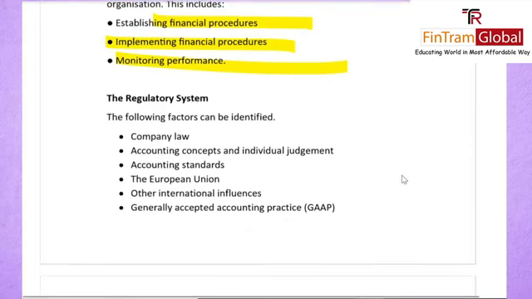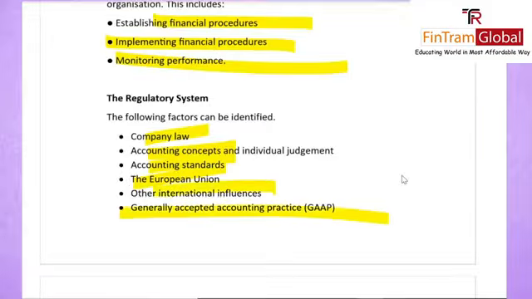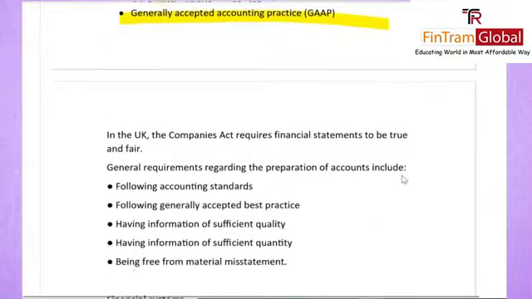Now the regulatory system: there are various factors. You have your company law, accounting concepts, standards, European Union, and other international influences, and of course GAAP, that is your generally accepted accounting practice. They all form a part of your regulatory system.